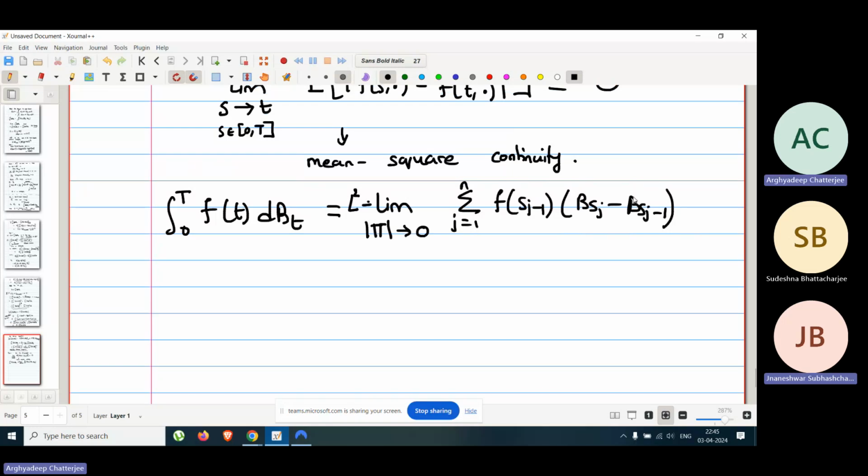You can compute the Riemann integrals omega by omega and then take the L2 limit. So without using Ito, we actually have this.